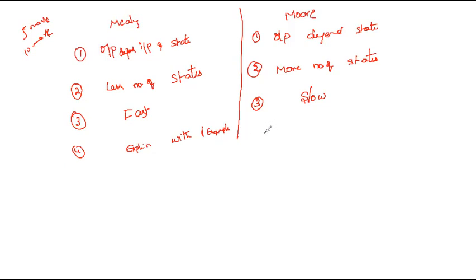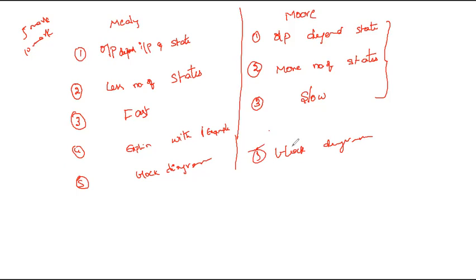If they ask for a short answer, you can write these 3 points itself. And draw the block diagram. Those are the 5 points.